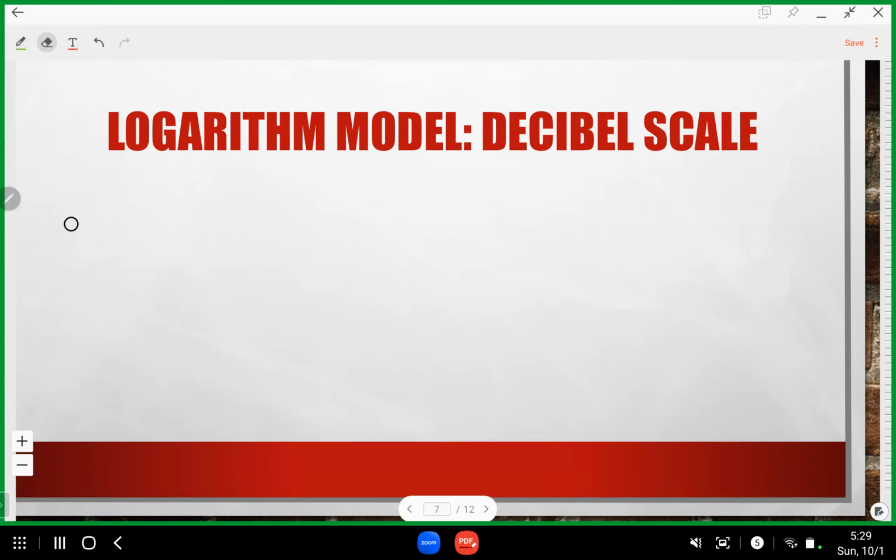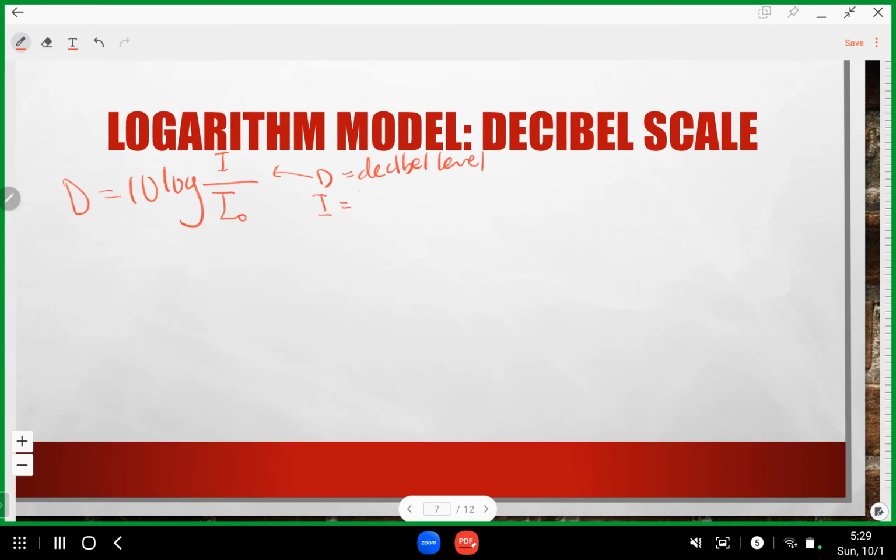D, which is the decibels, is equal to 10 times the common log of I over I0. D is the decibel level.